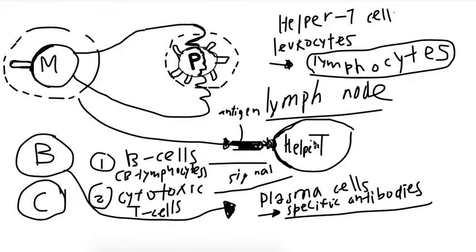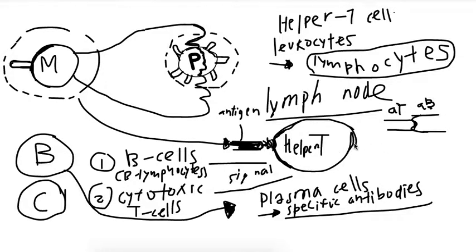The helper T cells essentially make a blueprint. It's almost like a lock and key. There's a specific antibody that's produced by the plasma cells generated by B cells, which are activated by helper T cells, that correspond like a lock and key with the antigen.